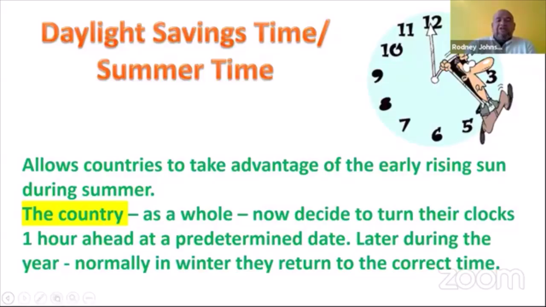Sometimes you can see on this cartoon here, this little cartoon character is trying to move the clock 1 hour ahead to 2 o'clock. And you can see that the time on that clock should be 1 o'clock, but he moves to 2 o'clock. Now, this is what countries do when they apply daylight savings time. The country decides to turn the clock 1 hour ahead at a predetermined date. Later during that year, normally during winter, they return to the correct time.